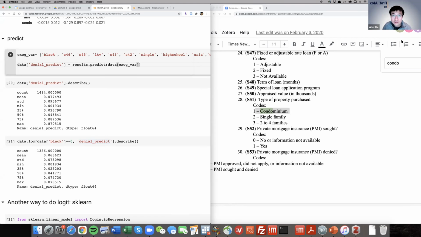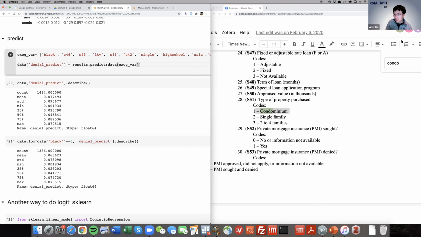No, the prediction you can think of as a probability. That's the probability of rejecting or approving. It won't be 0 or 1. To get 0 or 1, you can add a threshold.